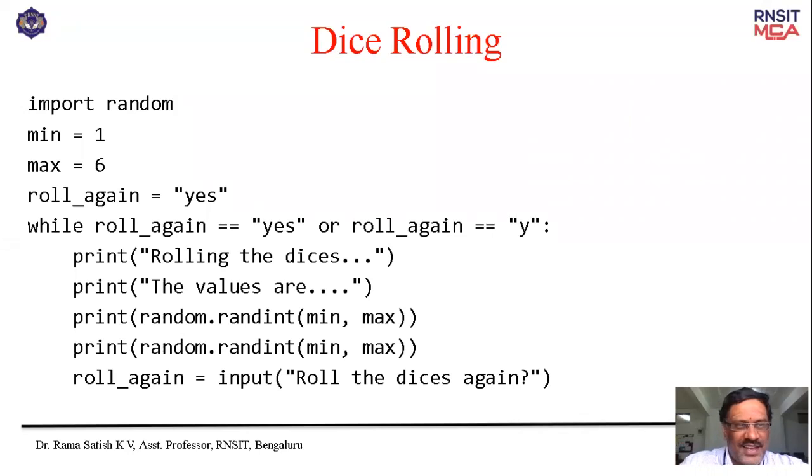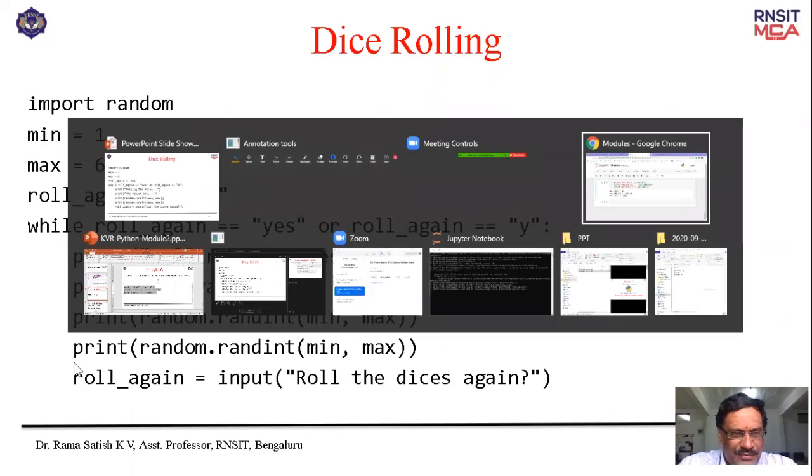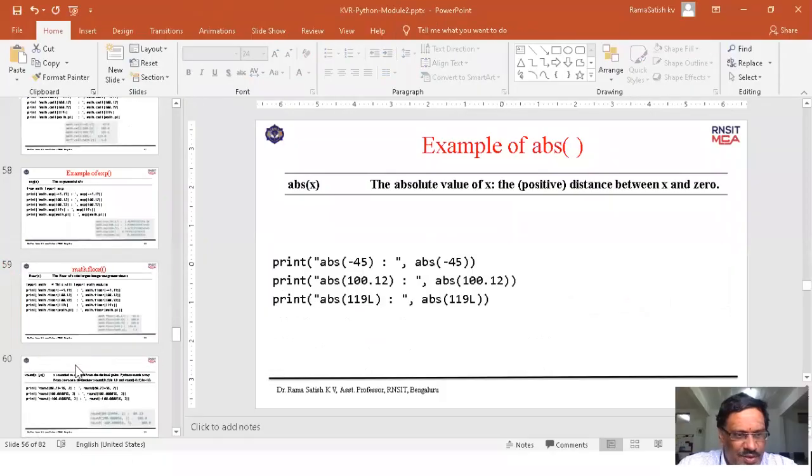We will randomly generate an integer between the minimum value 1 and maximum value 6, simulating rolling of dice. While roll again value is yes or y, it keeps on rolling the dice and generating a number. Let me run it and show you, and we'll have some fun in the class.